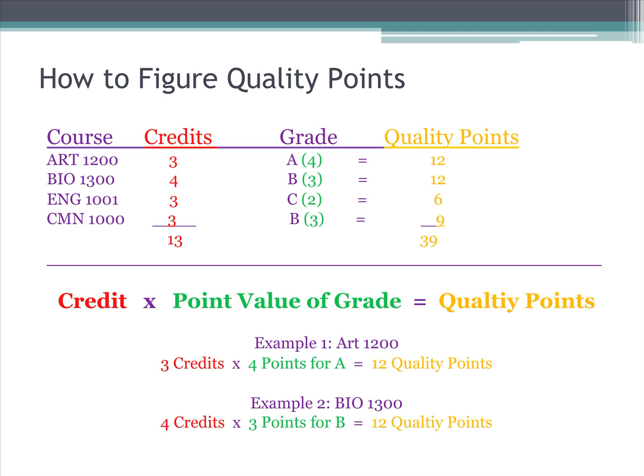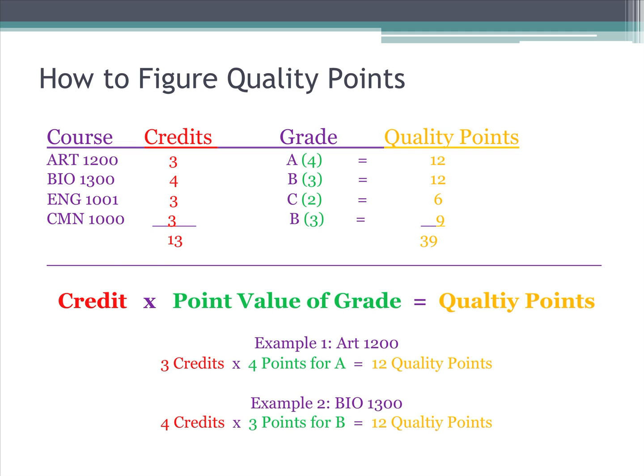Art 1200 is worth 3 credits, and the grade is an A. Bio 1300 is worth 4 credits, and the grade is a B. A course's quality points, which is in orange, is found by multiplying the course's credit, in red, by the value of the letter grade, which is in green.